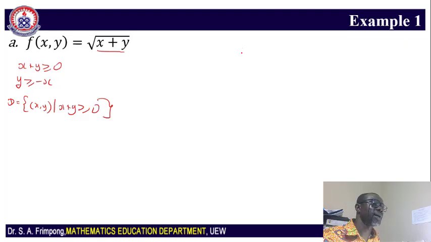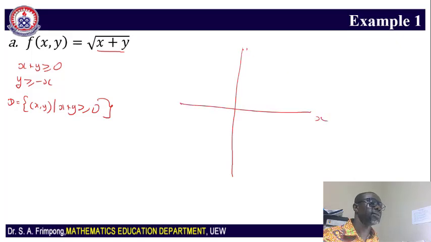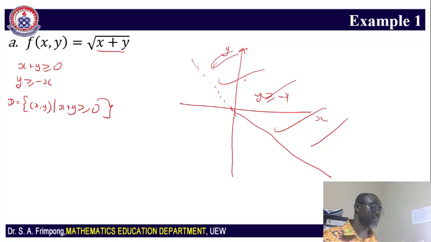If we draw our x and y axes, the line y equals negative x is this line passing through the origin. So this region, all of it, is y greater than or equal to negative x. So that's the sketch.